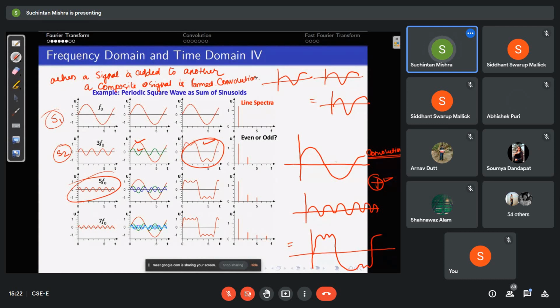Okay, so this convolution is the process which will give us a composite signal. So don't think of it as addition, it is actually convolution.